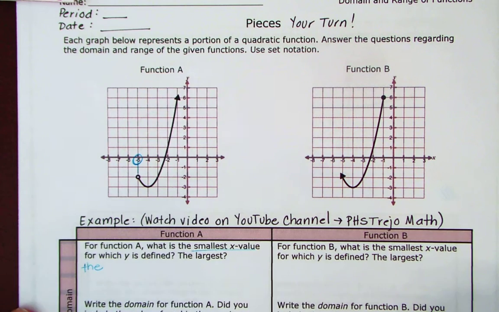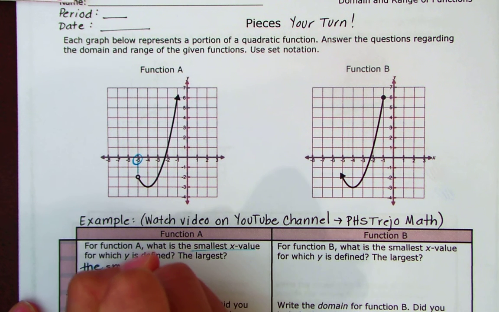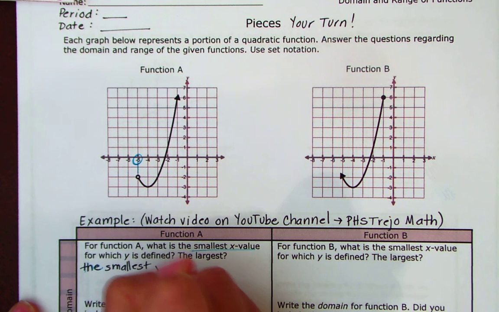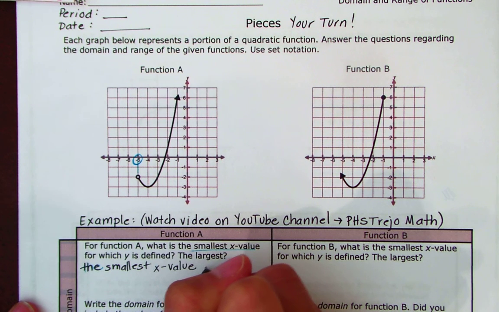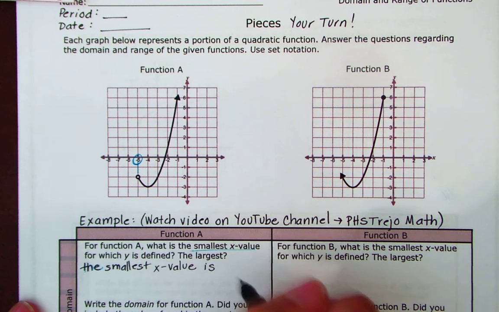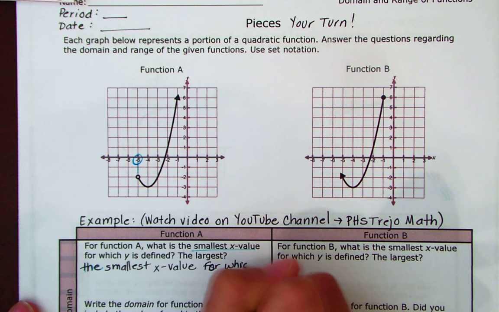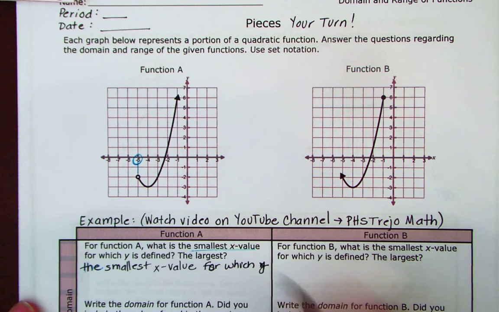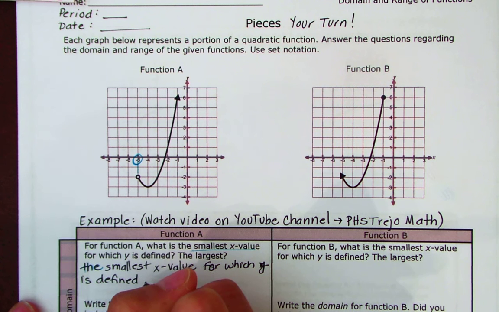The smallest x value for which y is defined is -5.